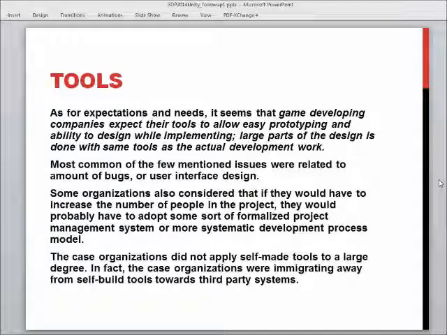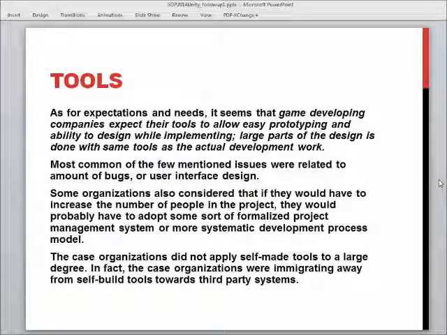Also, finally, one myth about the games industry, which probably comes from about 10 years ago, from 2004, 2005, is that in our case organizations almost none of the organizations they knew about applied self-made tools.